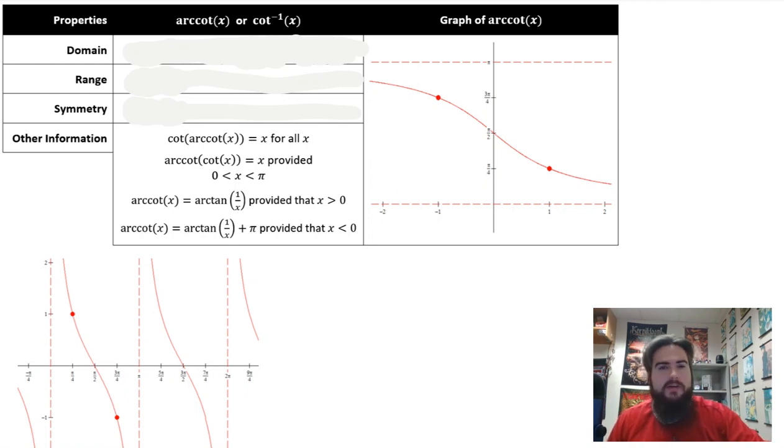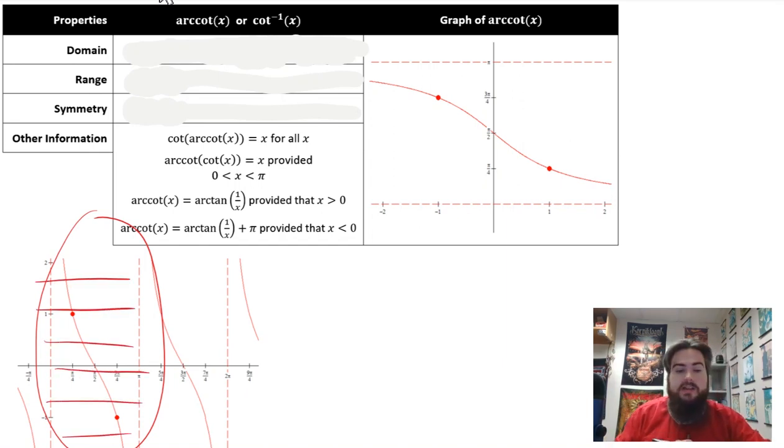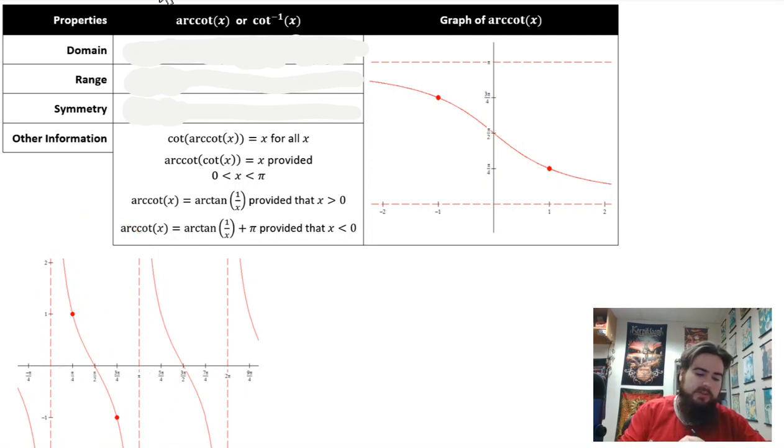Just like all the other inverse functions, we want to take a portion of the original function that passes the horizontal line test. Thankfully, this works just like tangent does, really, where we can take a portion that's between asymptotes, because this curved shape is itself going to pass a horizontal line test at every juncture. So we could just take the portion between a set of asymptotes.